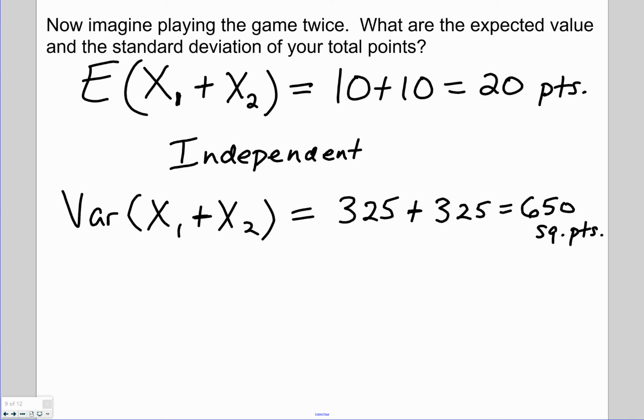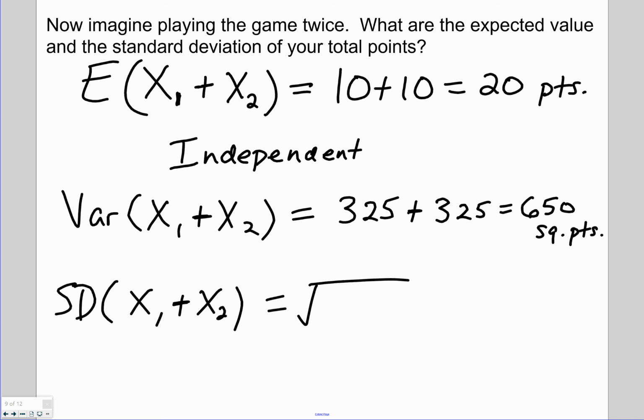Now, is that what I want? Is that what the problem asks for? No, the problem asks for the standard deviation. To find the standard deviation, what do you do to the variance? Take the square root, and we're done. So the square root of 650.